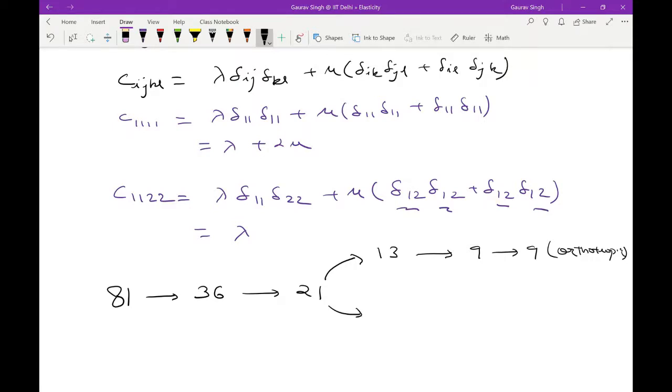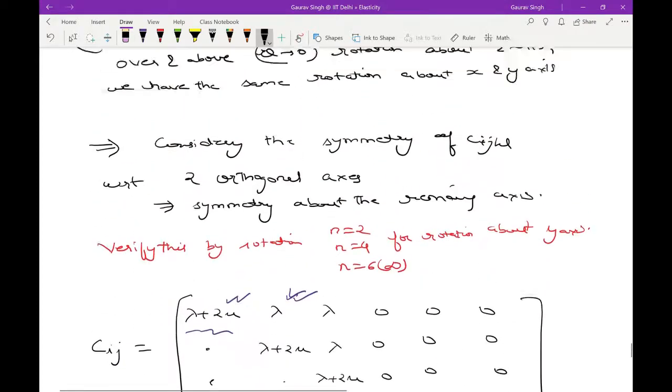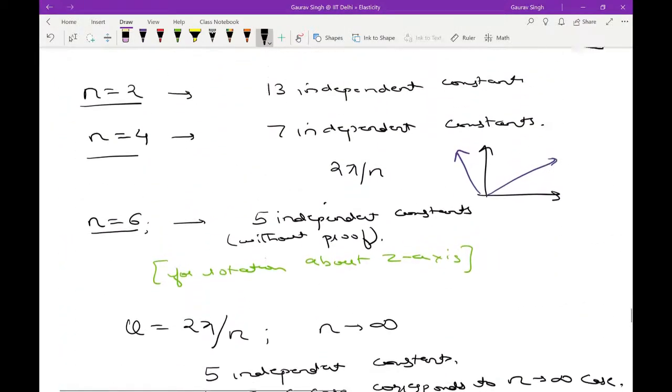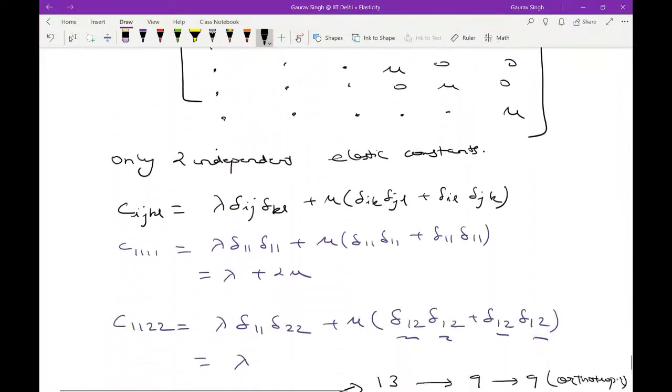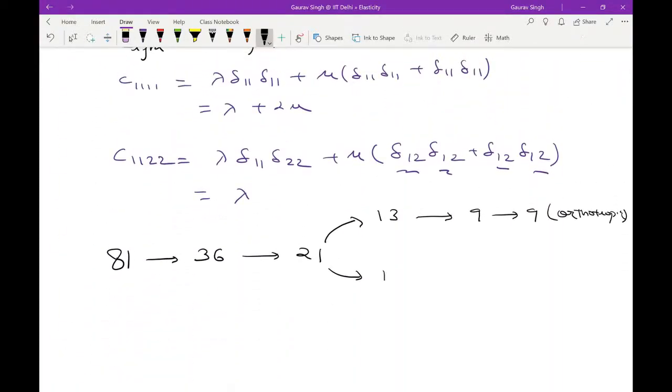Then the symmetry could have been about a particular rotation about the z-axis, that for one case gave us 13 independent constants. Then we also reduced it, so this was for n equal to 2, this was for n equal to 4, and this would have reduced to 5 for n equal to 6 or n tending to infinity.